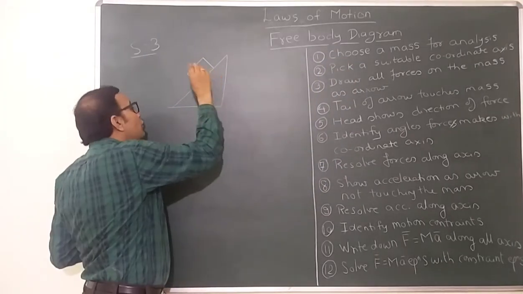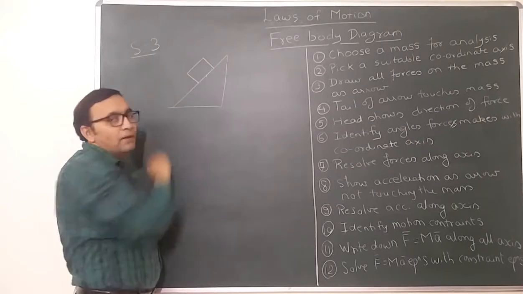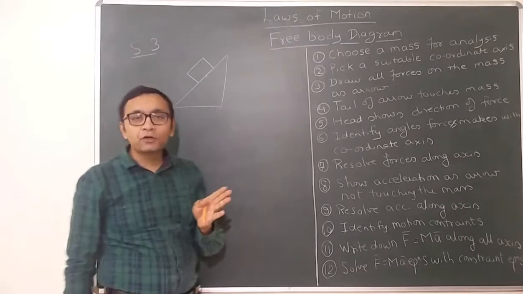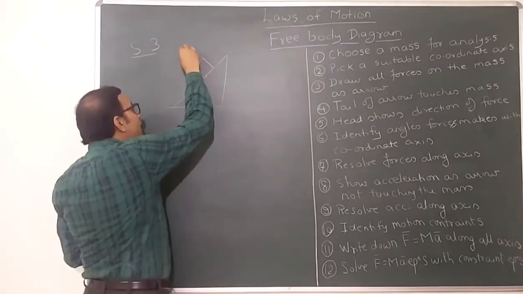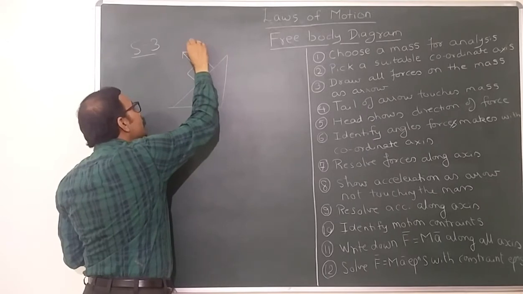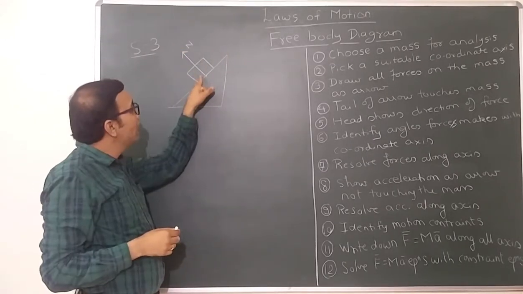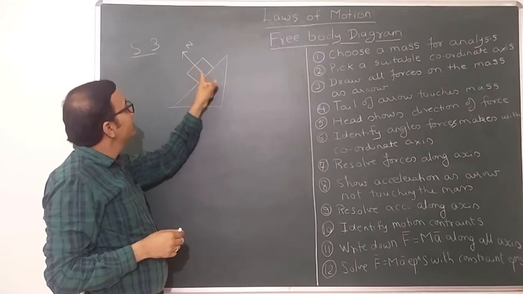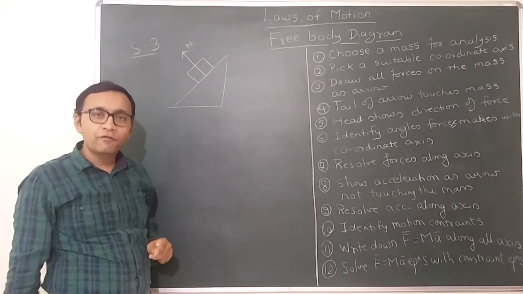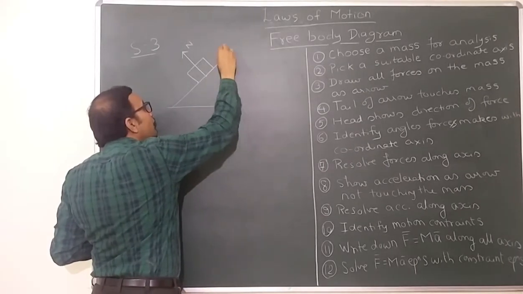For example, I want to draw the normal force which this wedge applies on the mass. Normal force always pushes and it is perpendicular to the contact surface. So the direction will be perpendicular and it will push. This is the way you should draw the normal force. It should touch the mass and the head should show the direction of the force. And friction force is shown like that.